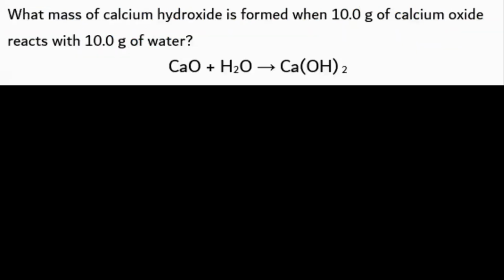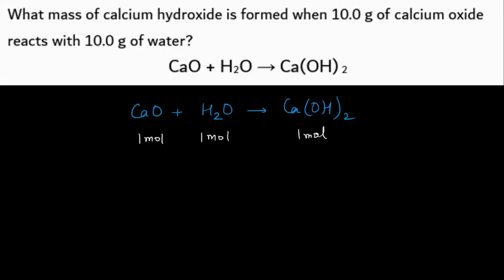Again, let's say we have a question: what mass of calcium hydroxide is formed when 10 grams of calcium oxide reacts with 10 grams of water? So again, we will write a fresh reaction. We have 1 mole of calcium oxide reacting with 1 mole of water to give 1 mole of calcium hydroxide. We will write the masses. Here we have 40 plus 16 grams. This is 18 grams.